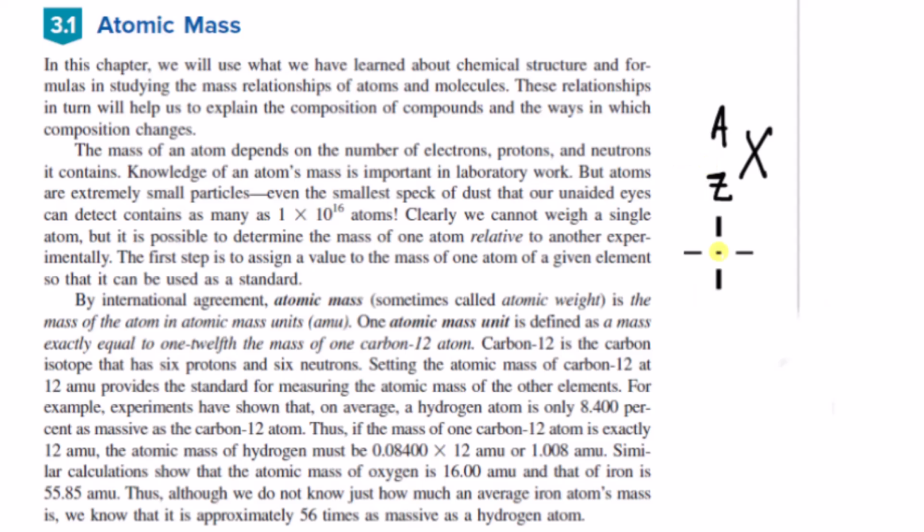Okay, but right now, if we're thinking about the mass of an atom, we need to specify a specific isotope of an element, a specific atom, right? And say, okay, what is the mass of that specific atom? That atom that has this many protons and this many neutrons in the nucleus and this many surrounding electrons. We could even talk about the mass of an ion.